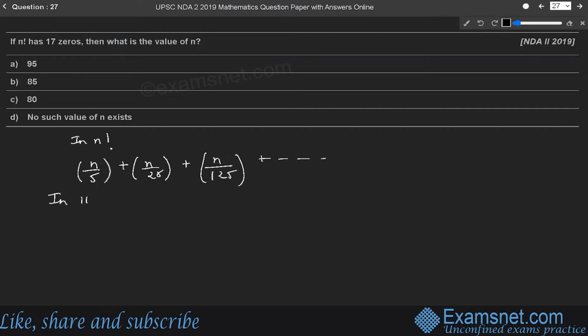Similarly, in 100 factorial, it will be represented as 100 by 5 plus 100 by 25. So it will be equal to 20 plus 4, which is equal to 24. But you can see that this is more than 17. Now let us look at the options.